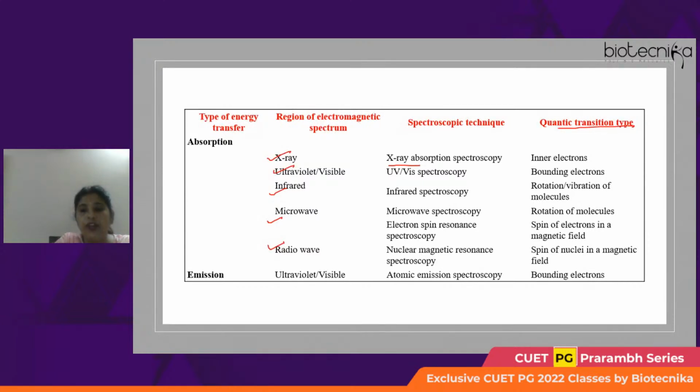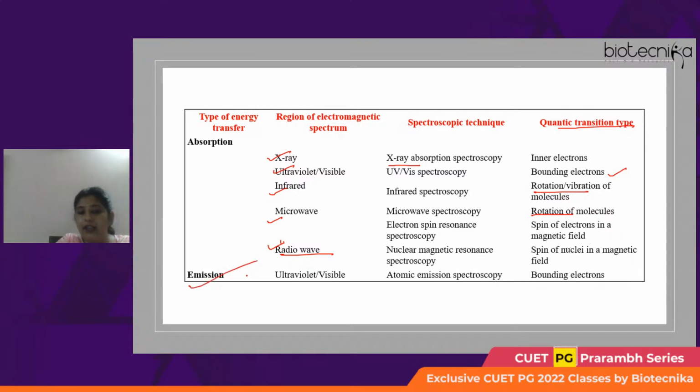If you are studying the outermost electrons, valence electrons, as they transition from one energy state to another, then you will use ultraviolet, right? If you want to study rotational and vibrational states, you will use infrared. If you want to study only the rotational state, you will use microwave. Radio waves you will use to study the nuclear spin.